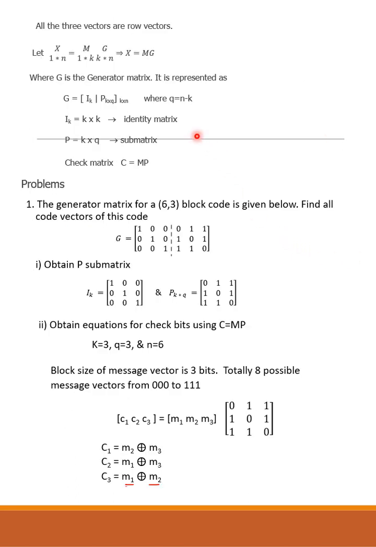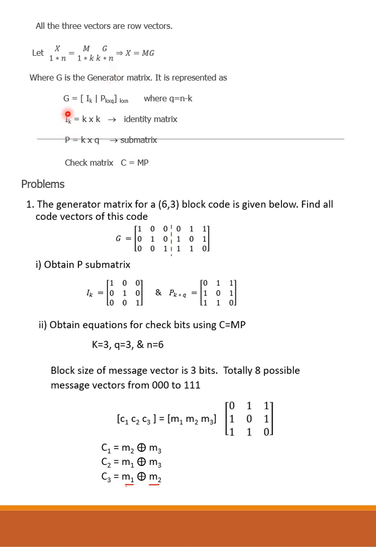What is the general representation? X is equal to M into G, where X is the code vector, M is the message vector, and G is the generator matrix. What is the size of G? The X matrix is of size 1 cross n, M is 1 cross k, and G is k cross n.